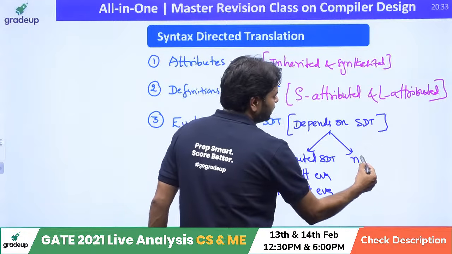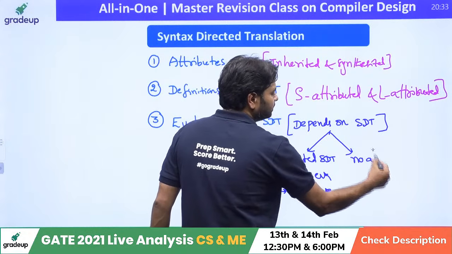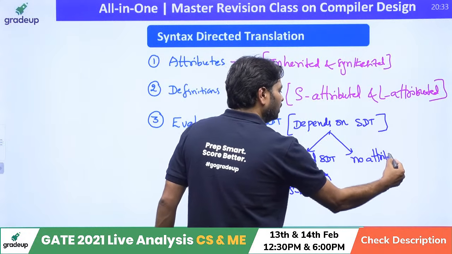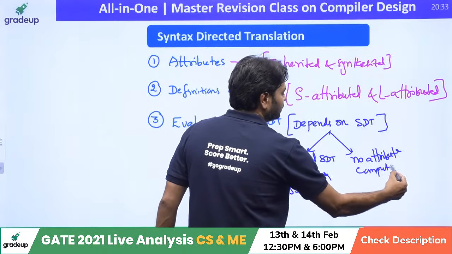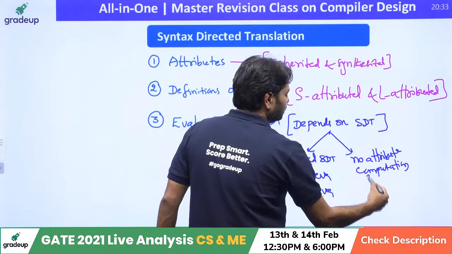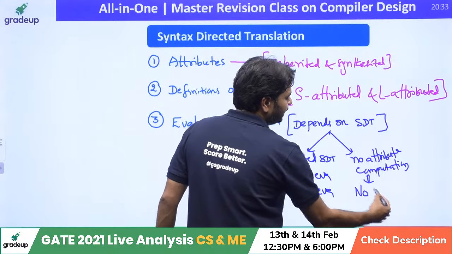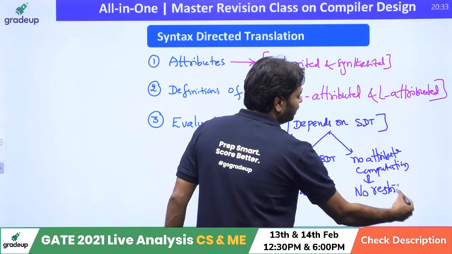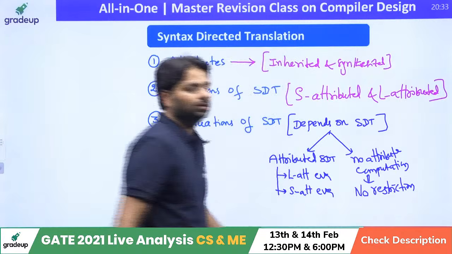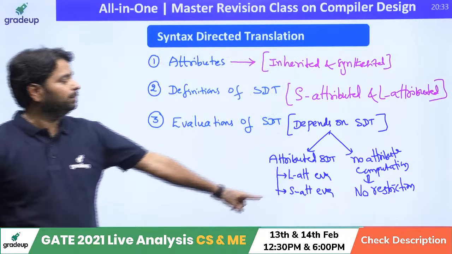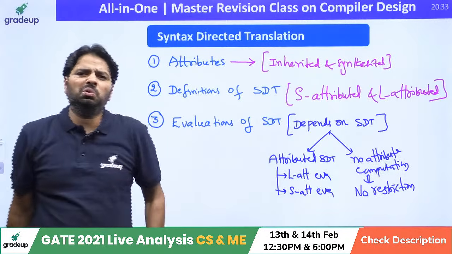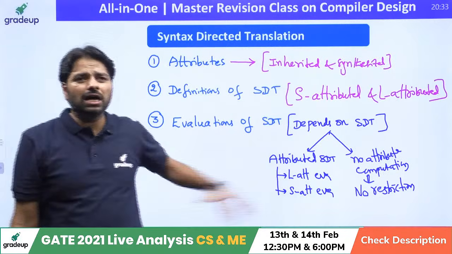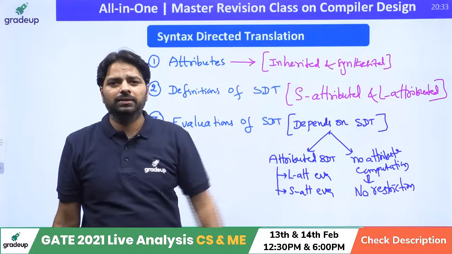But if there is no restriction, no attribute computation, in case of no restriction at all, you can create your own evaluation technique. This is the important one where people might need to understand more. When you don't have any computation of attributes and no restriction, how do you evaluate?